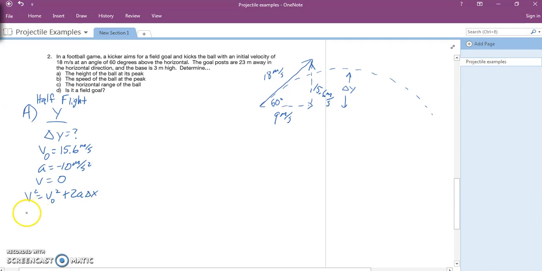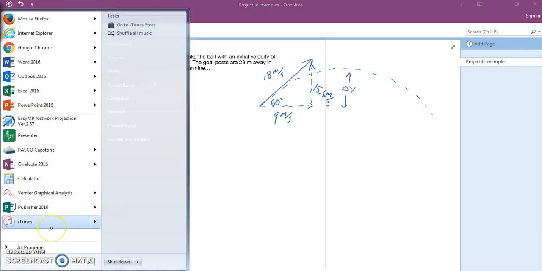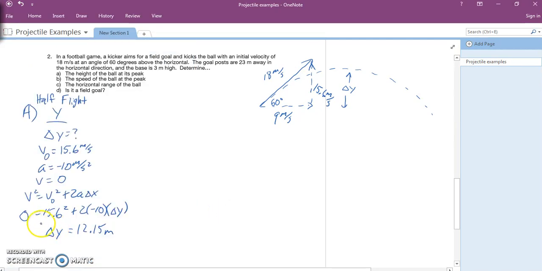Plug in our values. So we've got 0 equals 15.6 squared plus 2, negative 10, and then we're looking for that height. So when we solve that equation, we should get 12.15 meters. Okay, so there's our maximum height.